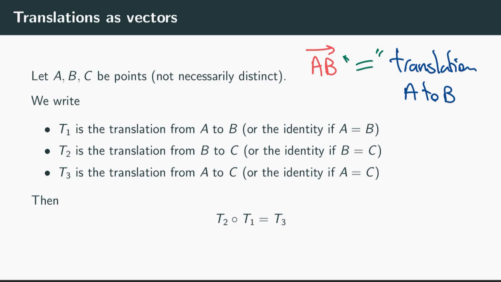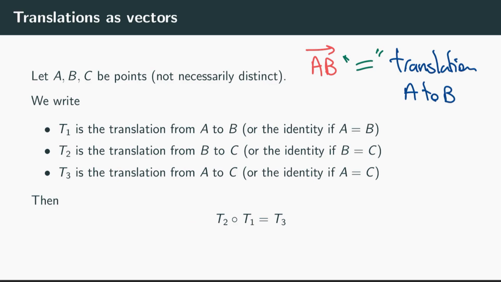So if A equals B, for instance, then T1 should be the identity. And then the conclusion is the composition T2 composed with T1 is the same as T3. So what that means is if I go from A to B and then B to C, it is the same as going directly from A to C.